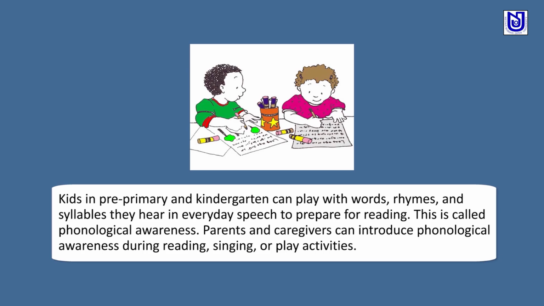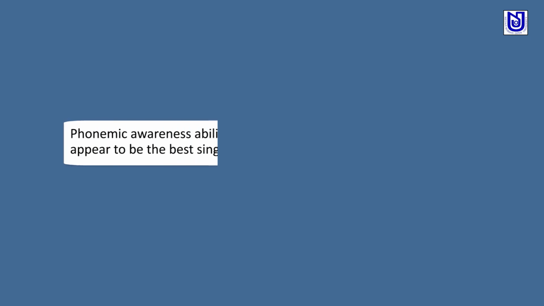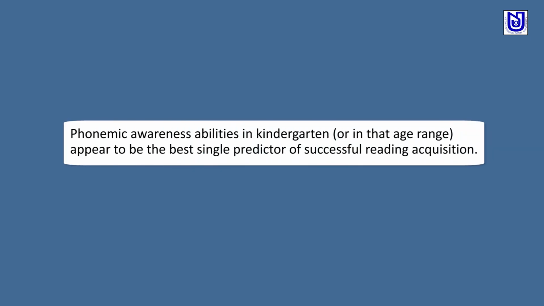Parents and caregivers can introduce phonological awareness during reading, singing or playing activities. Phonemic or phonological awareness abilities in kindergarten, at that pre-primary level, appear to be the best single predictor of successful reading acquisition.